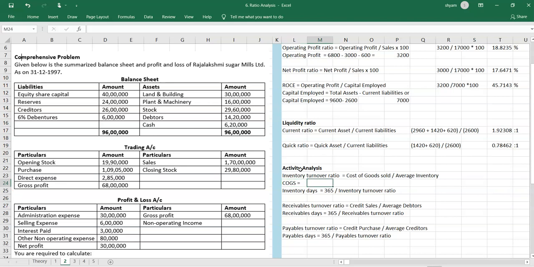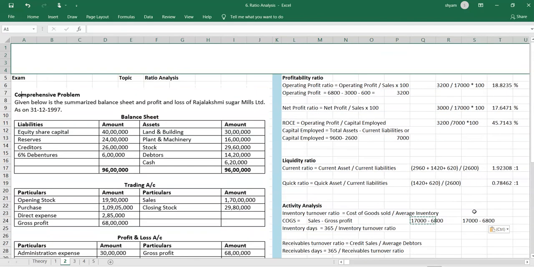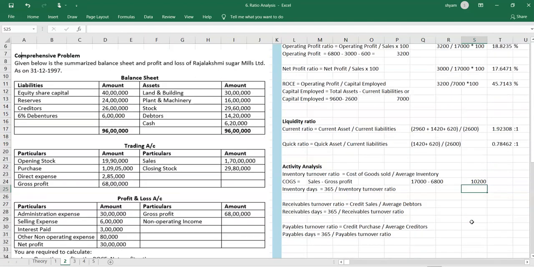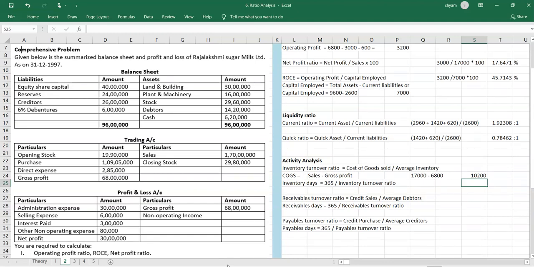COGS will be equal to sales minus gross profit, so this is our COGS.